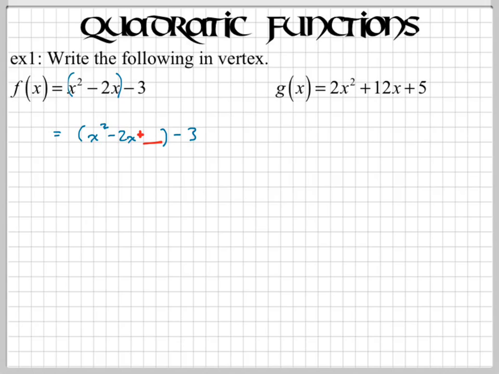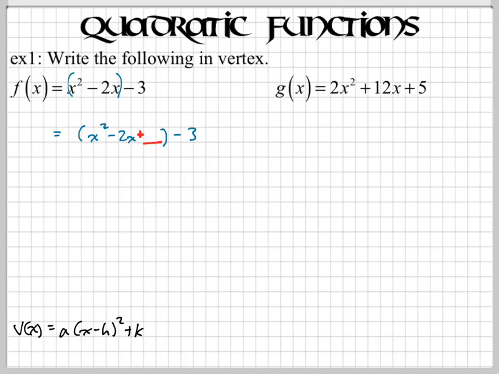Now let me talk about perfect squares for a minute, just because I don't think that everybody understands them extremely well yet. Now you guys know that vertex form looks like this. We'll say the vertex form is a times (x minus h) squared plus k. So this right here, that's a perfect square trinomial.